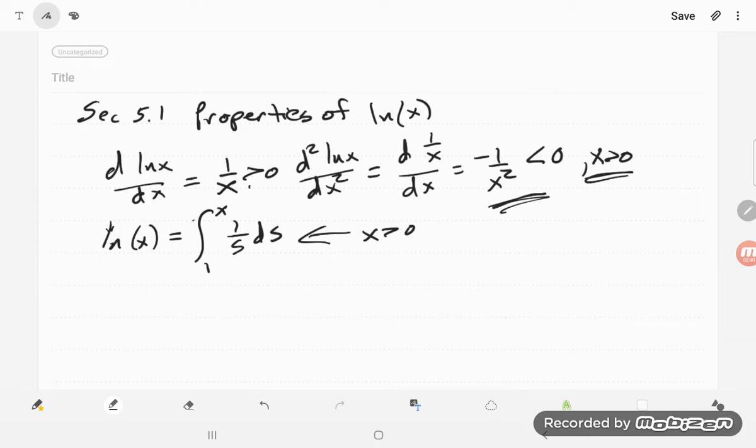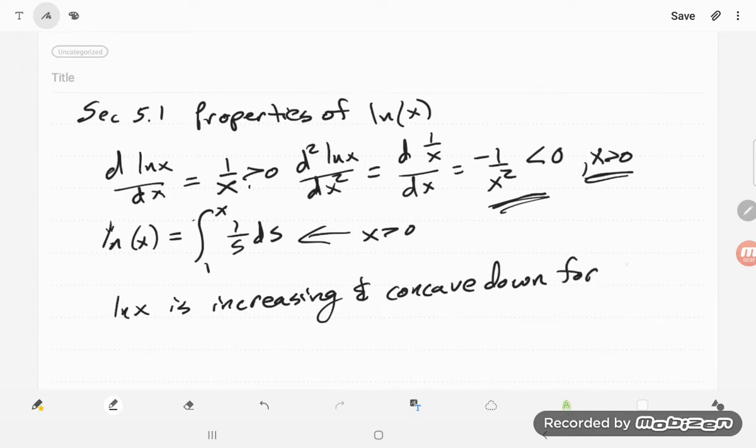And so we saw the graph already in Desmos, but this tells us that natural log of x is increasing and concave down for its domain, x greater than 0. Okay, so there we're starting with some properties.